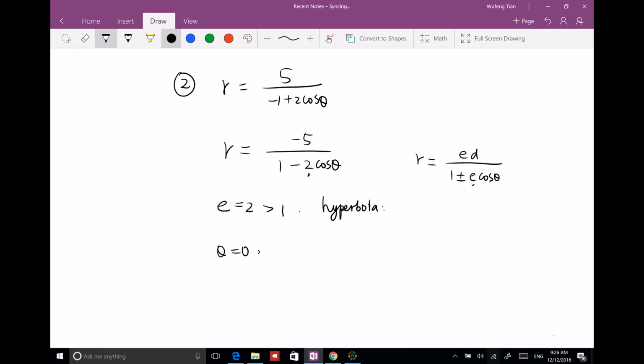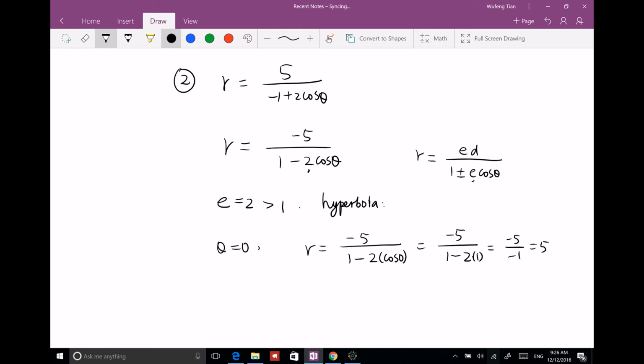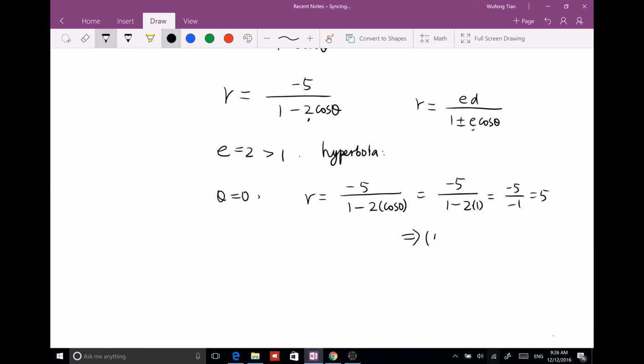Theta equals 0: r equals -5 over 1 minus 2 times cosine 0, which is -5 over 1 minus 2 times 1, which is -5 over -1, which is 5. So the first point you get is 5, 0. You can graph the 5, 0.